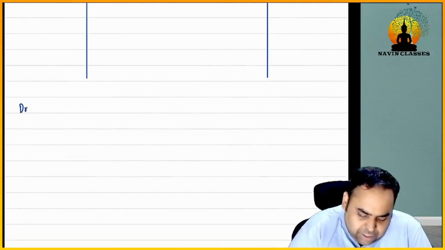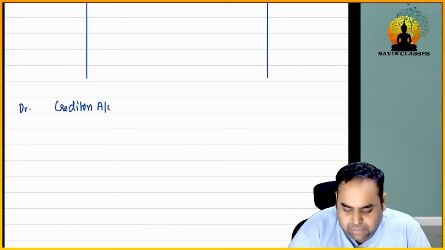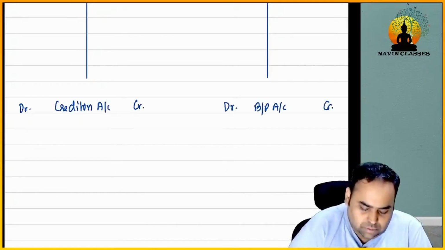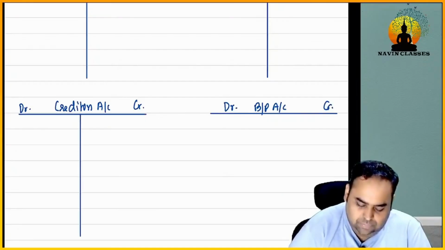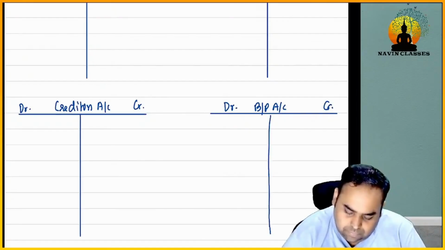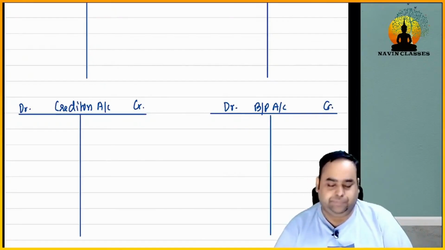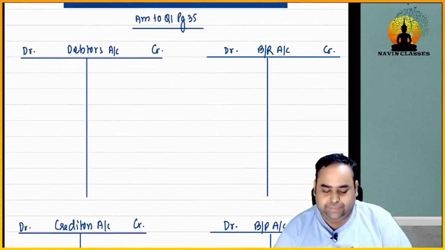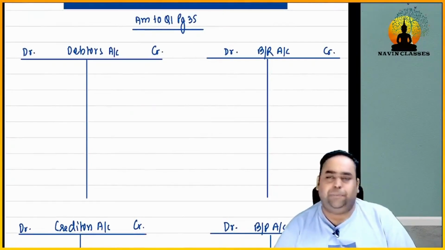Then creditors and bills payable account. We need to create these 4 ledger accounts: debtors, BR, creditors, BP.